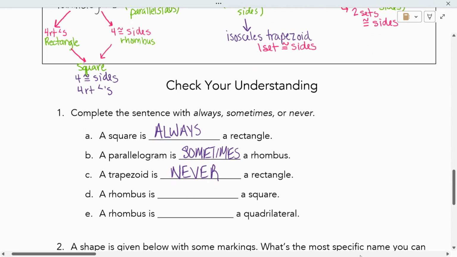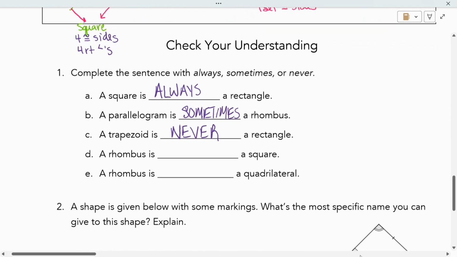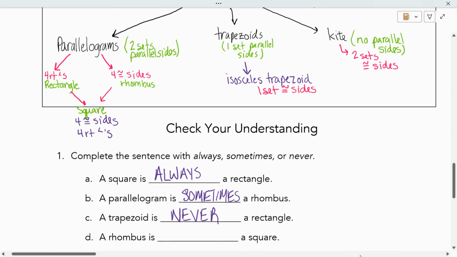A rhombus is a square. Siempre, always. Sometimes, algunas veces. Never, nunca. Let's go back to our chart really fast. What is it asking me? If a rhombus is a square.